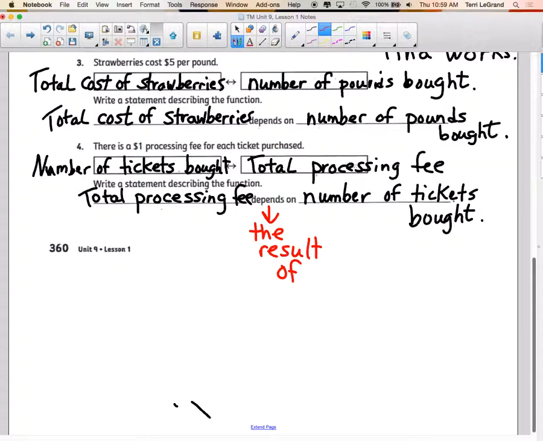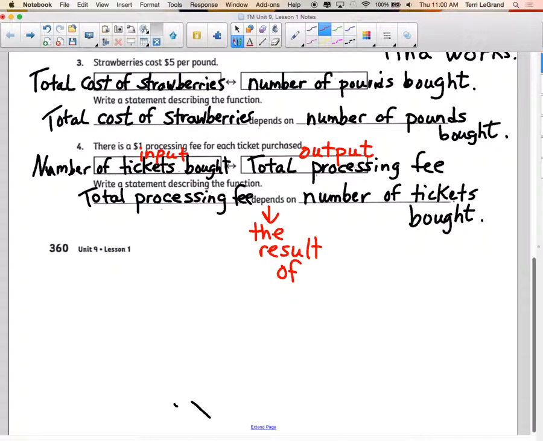What comes after the equal sign, the input or the output? The output. So the total processing fee is the output. It comes out of the fact that you're going to put in how many tickets you actually bought. We'll get this.